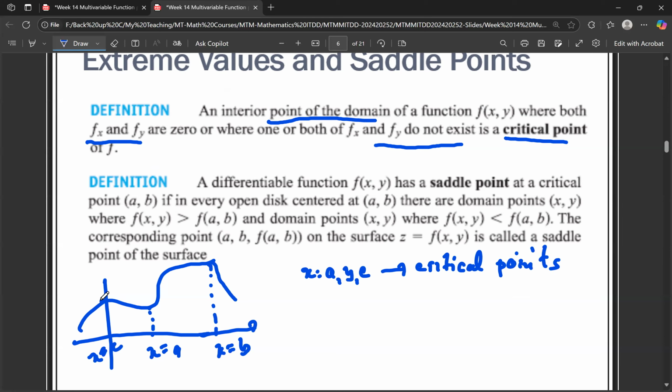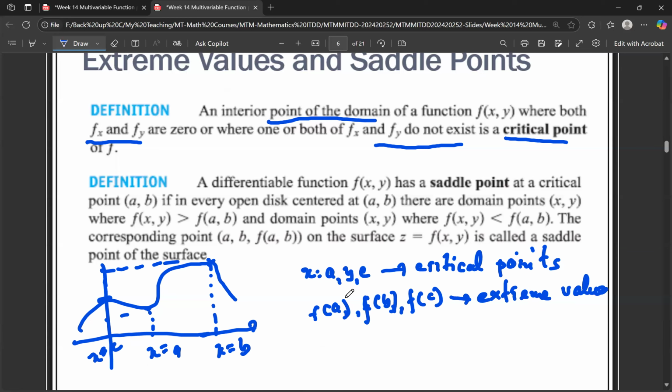The value of this one is called the extreme value. So a critical point is where the function will have extreme values.